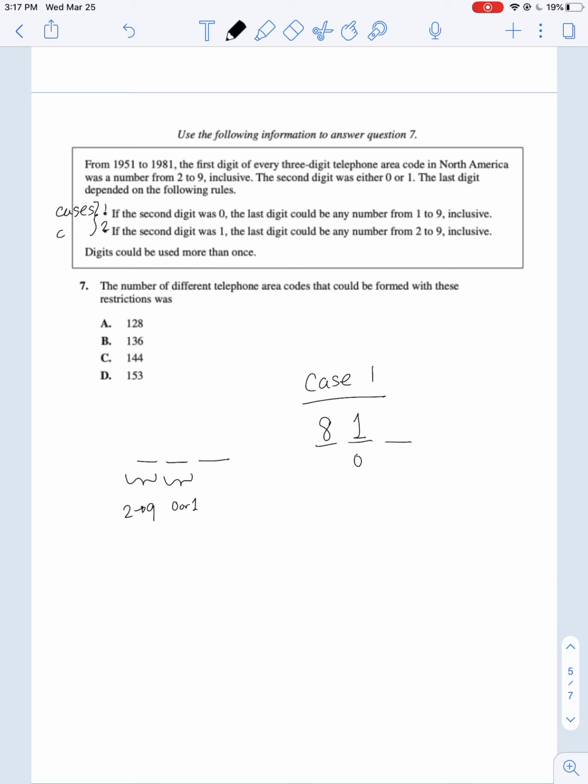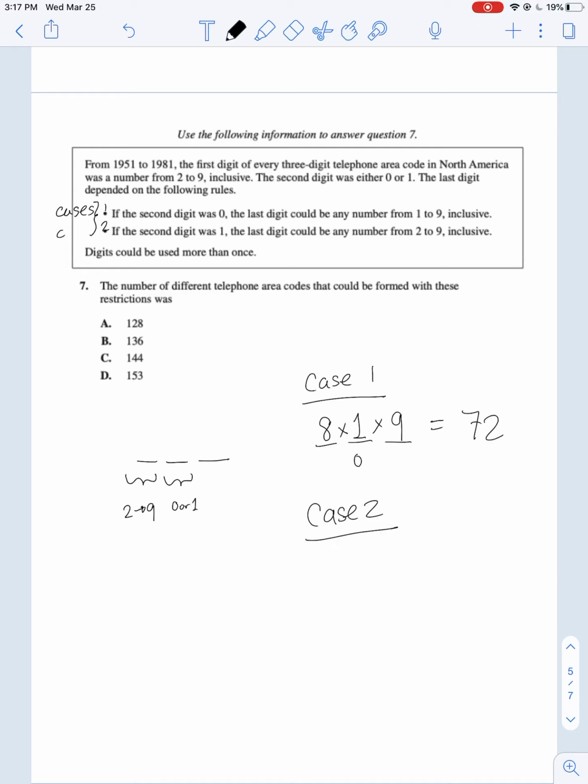The last digit could be any number from 1 to 9, which means that there are 9 choices. The digits are allowed to be used more than once, which is why we can write this. So then I would multiply these numbers together, and I get 72.